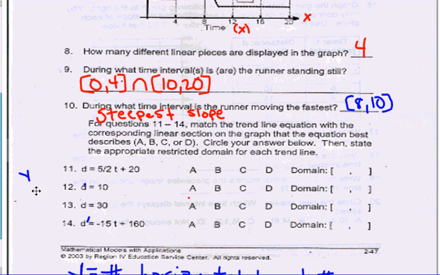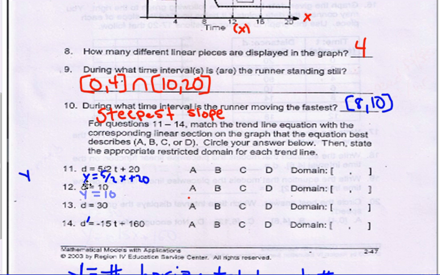Okay, what I did was I changed these to y equals mx plus b lines. Of course, that's just y equals 10 for D. And then notice this one has a slope of 5/2, and this one has a slope of negative 15.